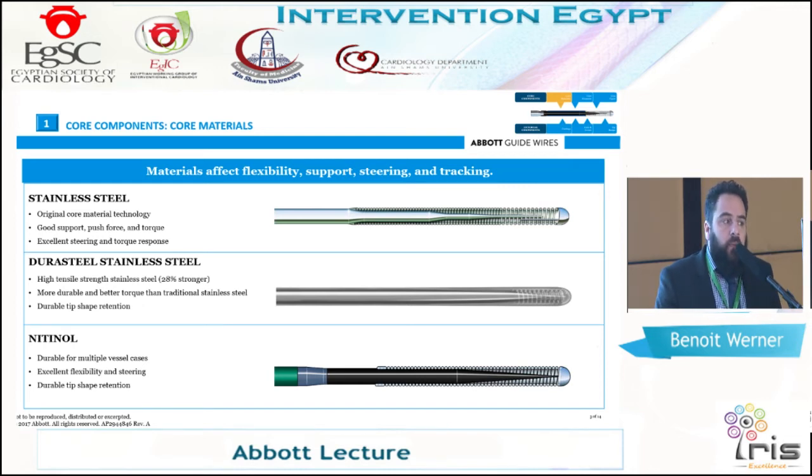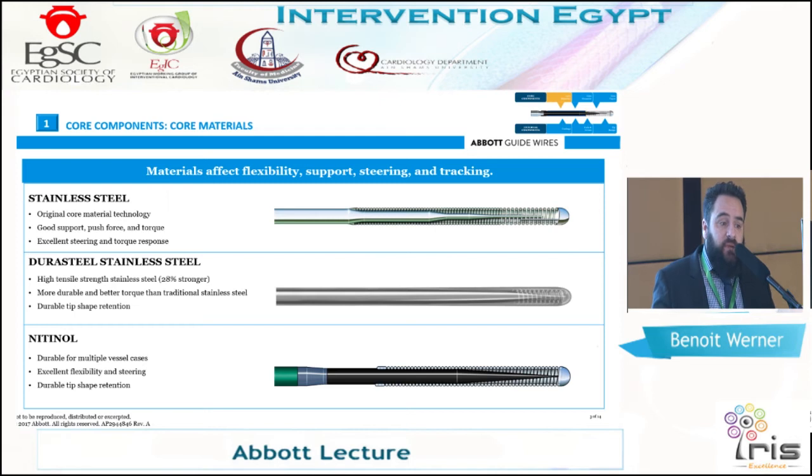The other internal or core component is the core diameter. How it will help you to navigate in the vessels is that you can choose the diameter, small or larger. What are the different benefits of that? First, if you have a small diameter, you have more flexibility, so you have better distal access, but again, it's a balance.